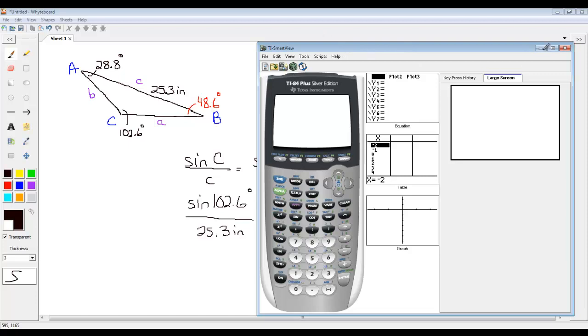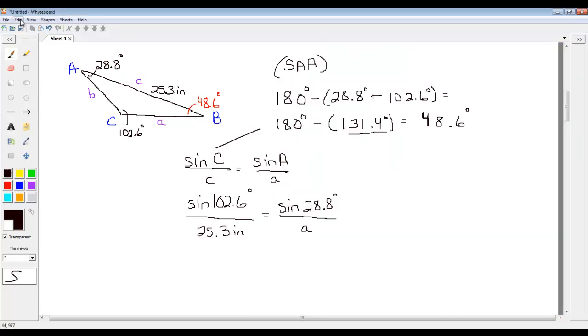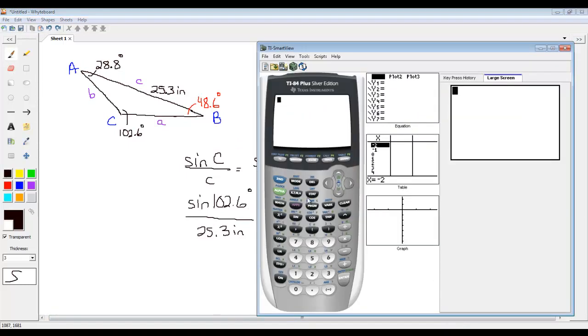So what I need to do is take sine of 28.8 and multiply that by 25.3. Sine of 28.8. So don't forget to close the parentheses so it finds the sine of just that. And then multiply by 25.3.